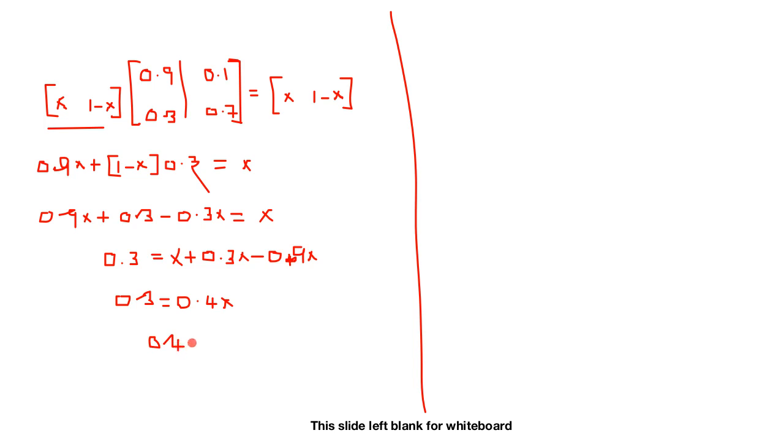So 0.4x divided by 0.4 is x, and 0.3 divided by 0.4, the value of x now will be 0.75. So x will be 0.75.